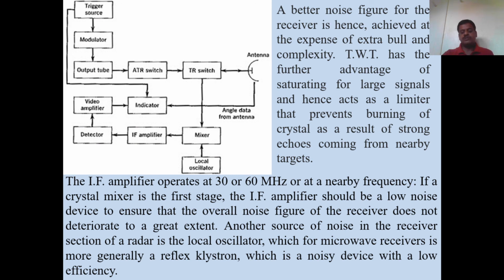To limit the noise, another source of noise in the receiver section of the radar is the local oscillator, which for the microwave receiver is more generally the reflex klystron, which is a noisy device with low frequency.